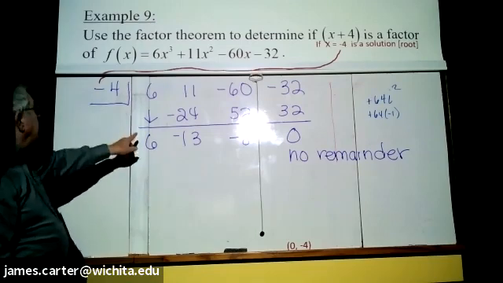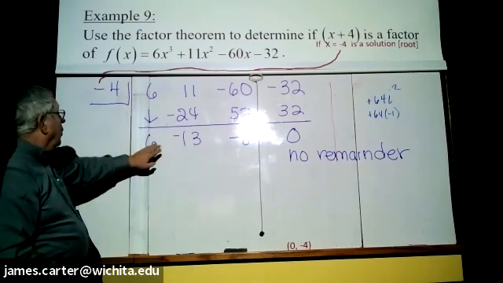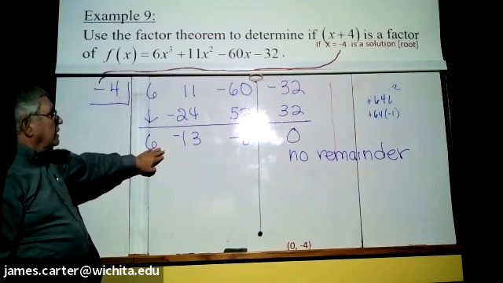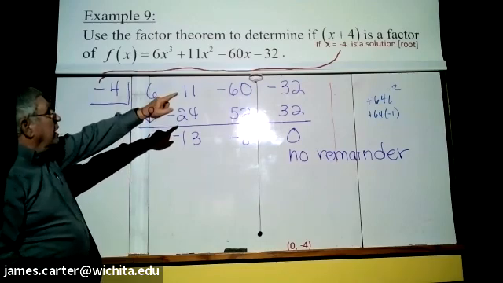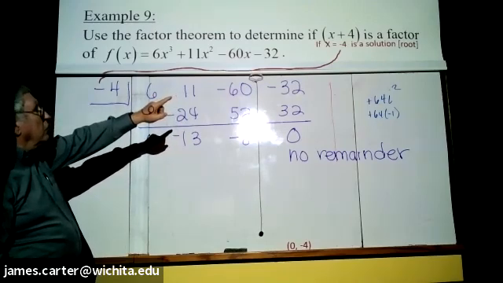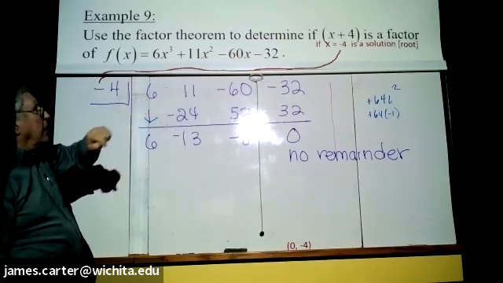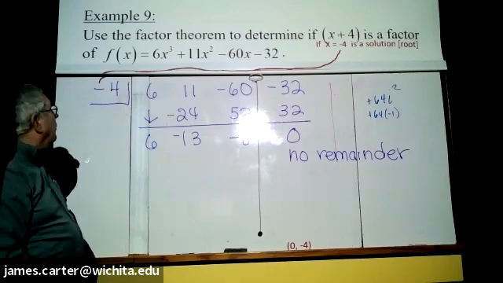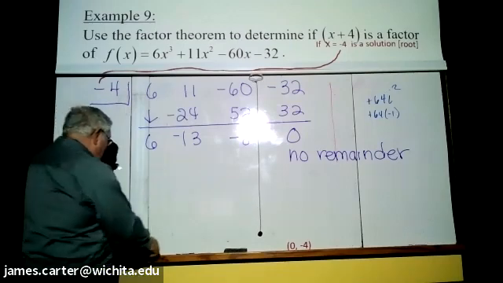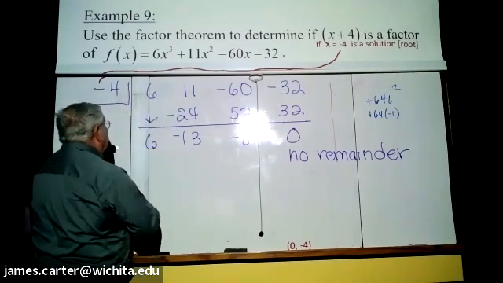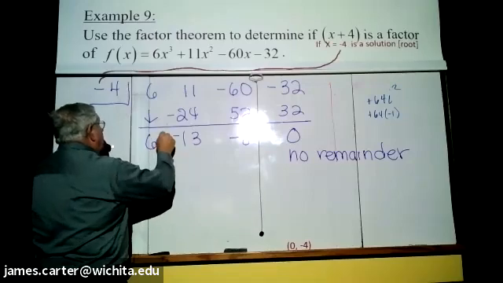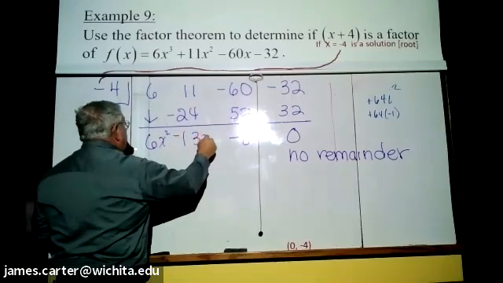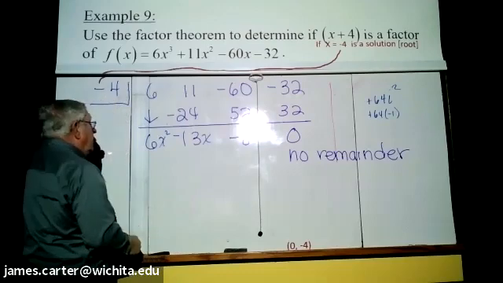Since this goes into that perfectly, what that says then is -4 is a real root of this problem, and x plus 4 is a real factor of this problem.